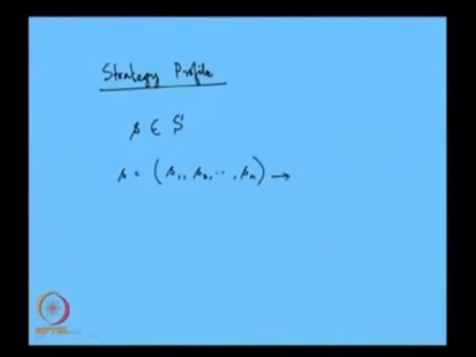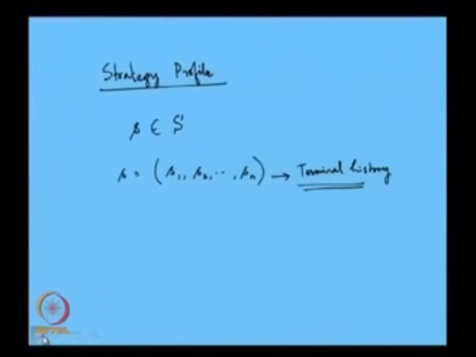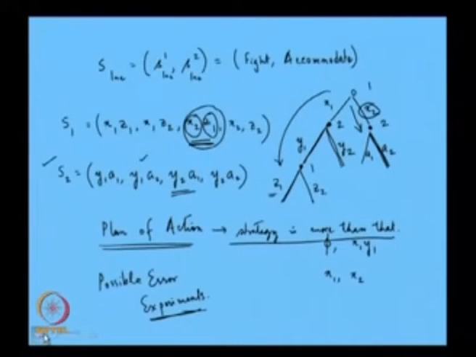What is important to note is that if I have a strategy profile, then I am tracing out a particular terminal history. A particular strategy profile will give me a definite terminal history. How is this possible? Let us take a particular example, this game.